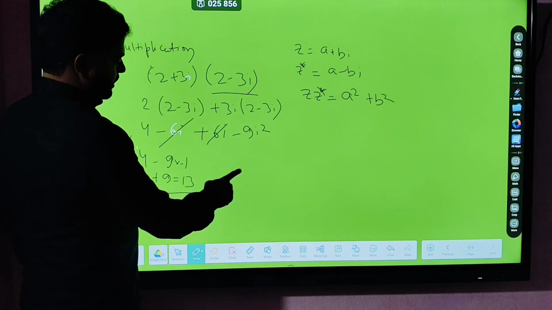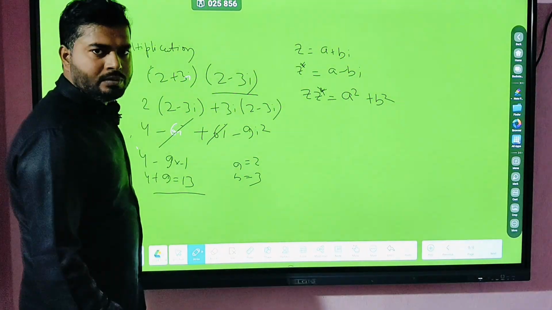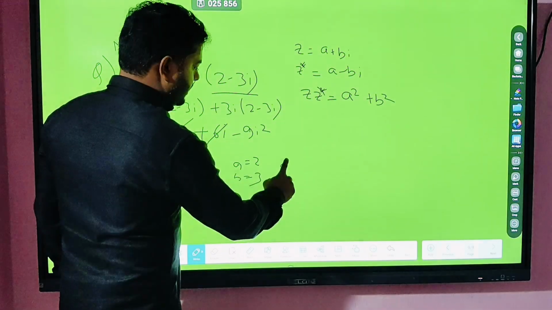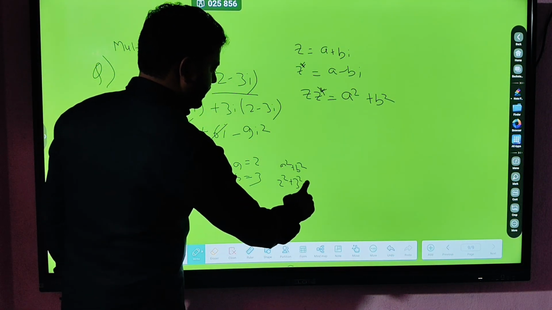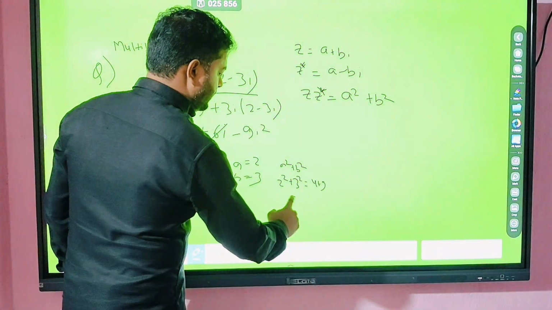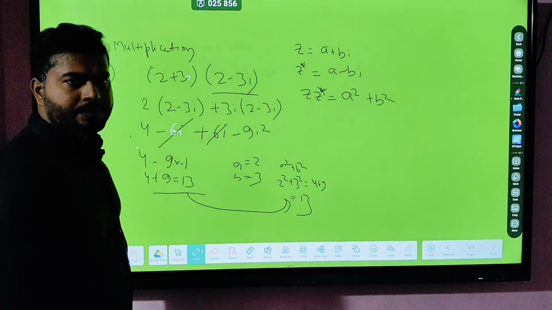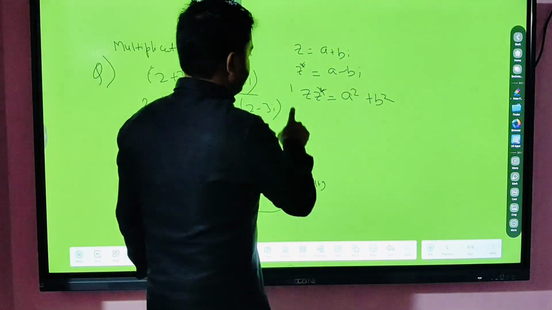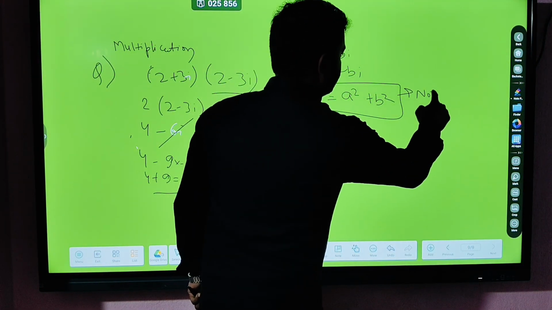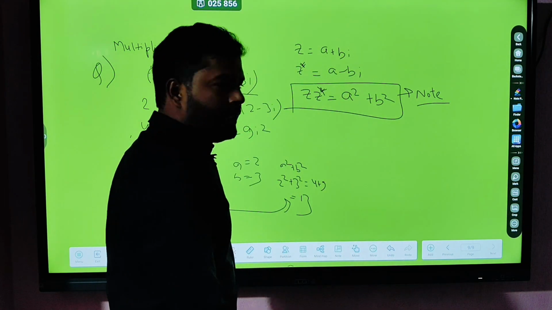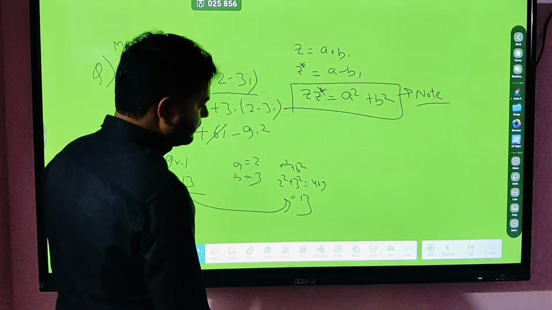You can see here a is 2 and b is 3. You don't have the sign, just magnitude. So it's a square plus b square is 2 square plus 3 square, so it's 4 plus 9 as 13, which we got by distributive law also, right? So this we can write in a note: z into z conjugate is a square plus b square, right?